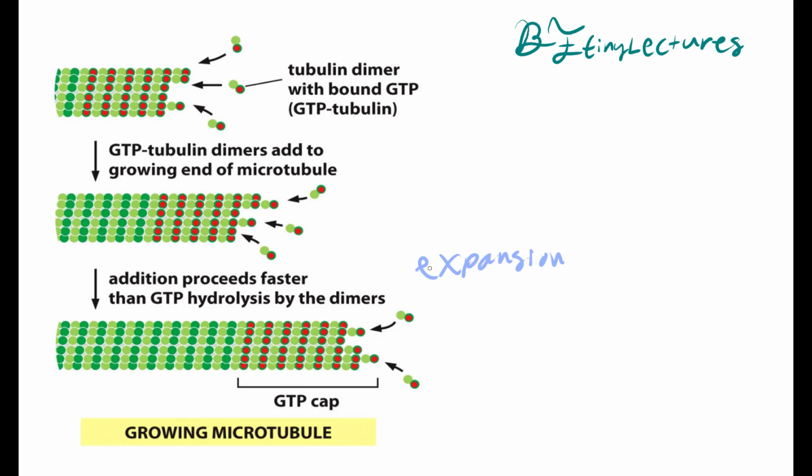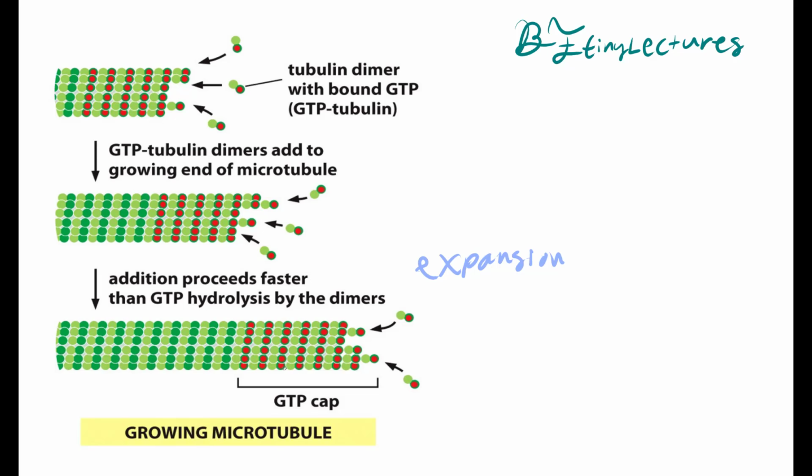If I inject a drug into a cell, and this drug inhibits the process of GTP hydrolysis, that means that the GTP will always continue to be functional. And if that's the case, then this protofilament will always continue expanding. And that could be pretty bad depending on the situation.